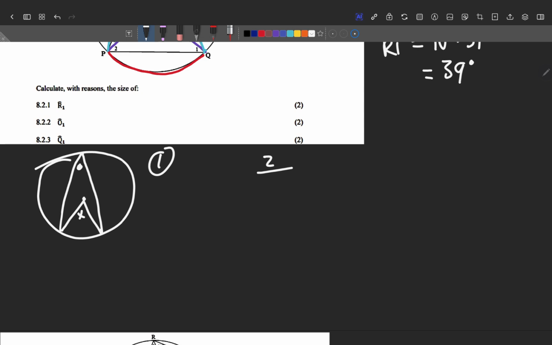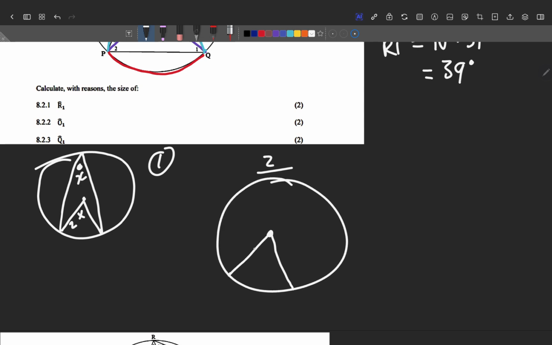Looking at the second scenario, here we have 2x and here we have x. This is the center, and it is still subtending. To subtend is like to form, like an elongation of some sort.